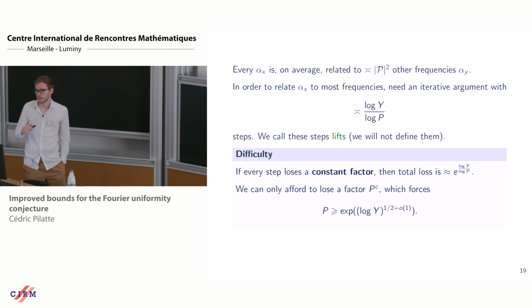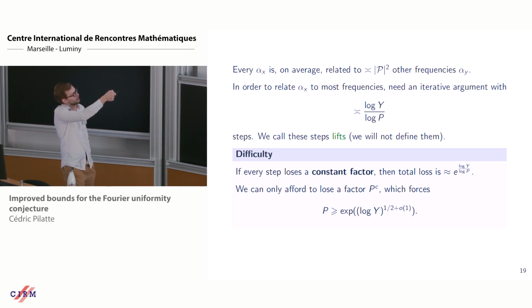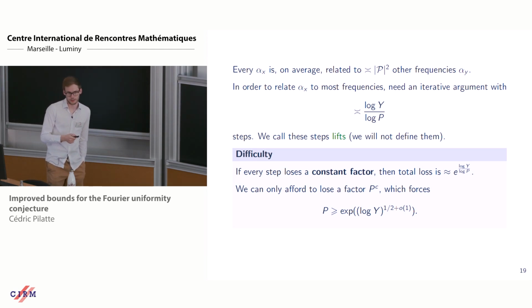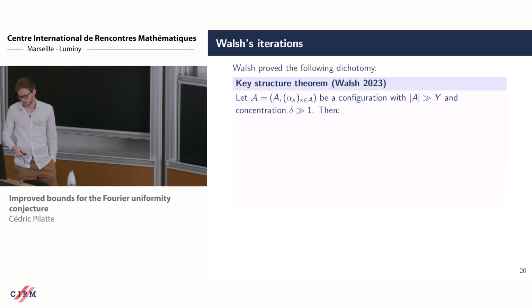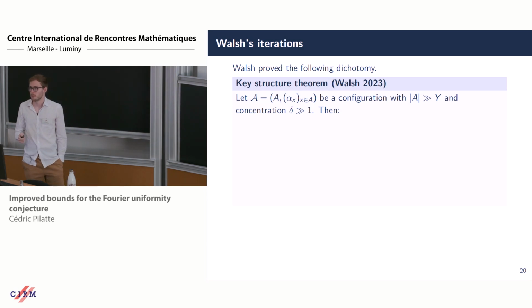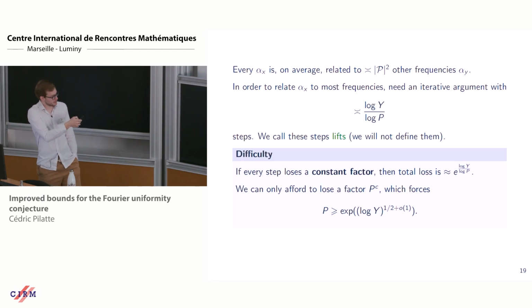So you have to design a combinatorial procedure that doesn't lose this constant factor at every step. Otherwise, you can only get this bound, which is Walsh's bound, the first one. I'm going to tell you how Walsh went past this barrier, assuming GRH.